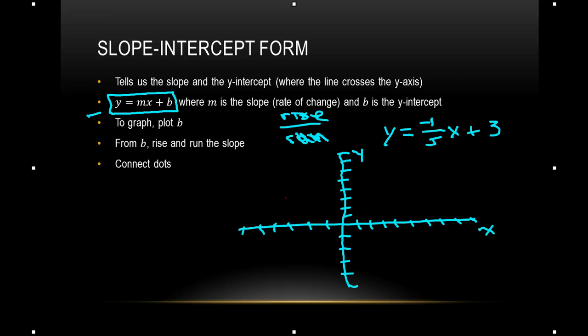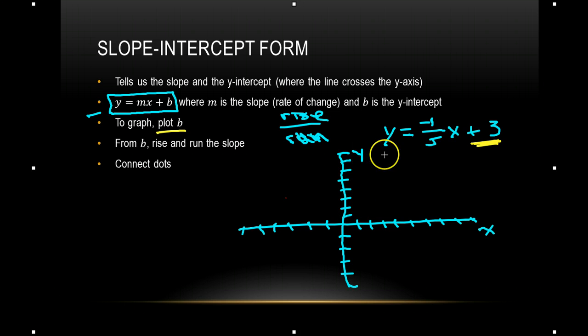So the first thing we do is we plot the y-intercept. The y-intercept is the number that's over here by itself. In this case, it's a positive 3 because we are adding, so that's where we're going to cross the y-axis. Why is that? Well, to be a point on the y-axis, the x-coordinate would have to be 0.